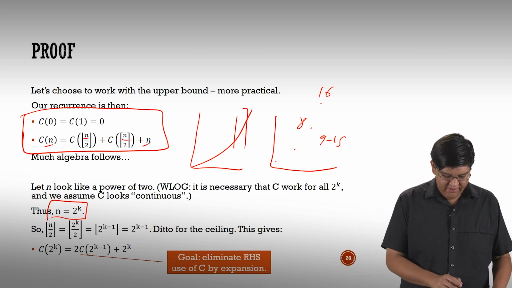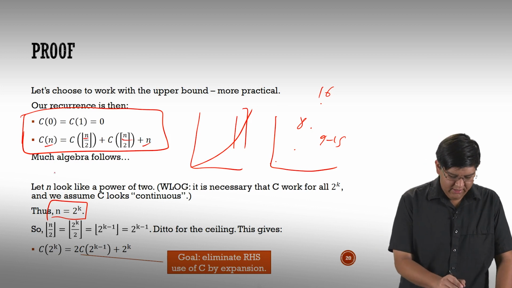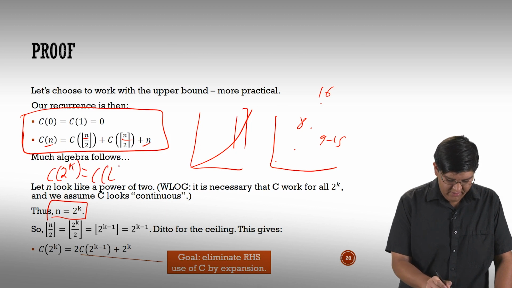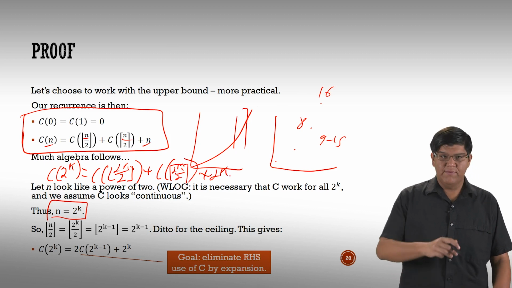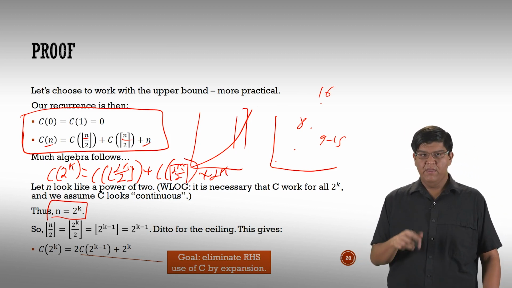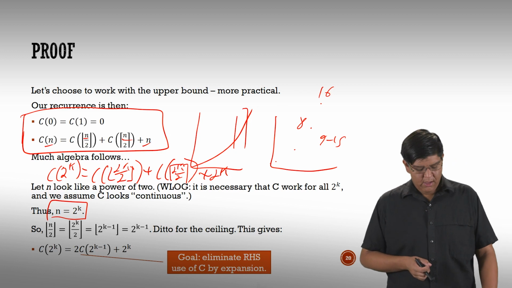Initially it looks like C of 2 to the k equals C of floor of 2 to the k over 2, plus C of ceiling of 2 to the k over 2, plus 2 to the k. That's me substituting 2 to the k for those 4 occurrences of n in the initial recurrence.